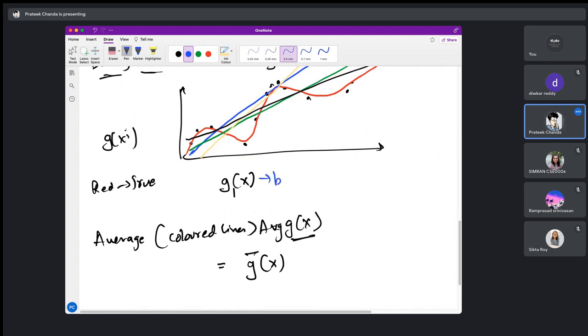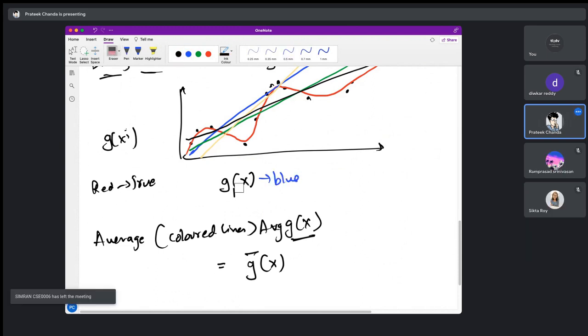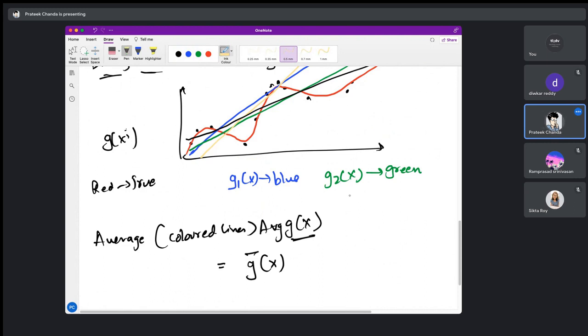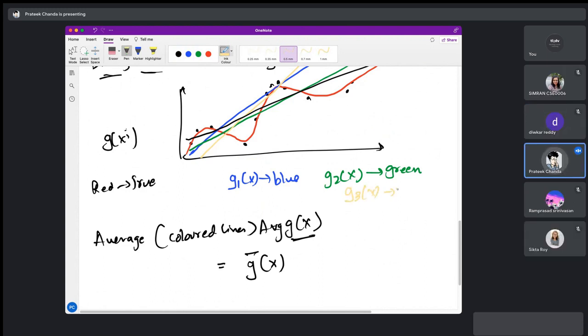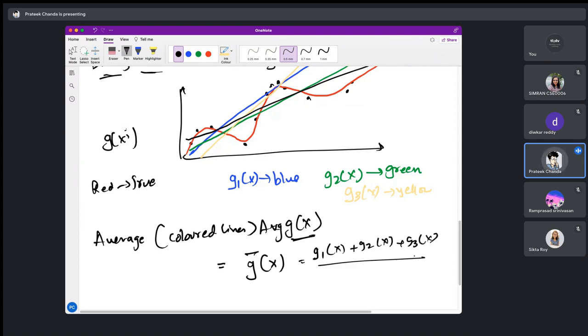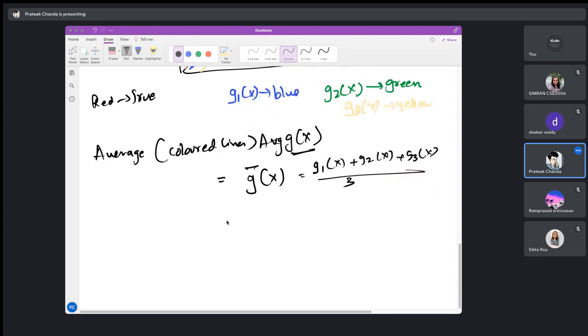The green line can be g2 of x, another predictor, and the yellow line a third predictor. So g bar x in this scenario is g1 of x plus g2 of x plus g3 of x, divided by 3. That's my average g of x.